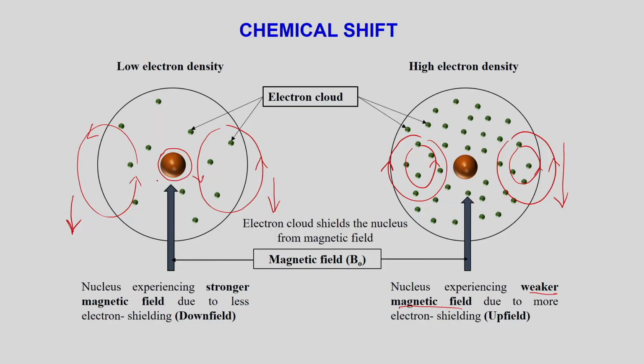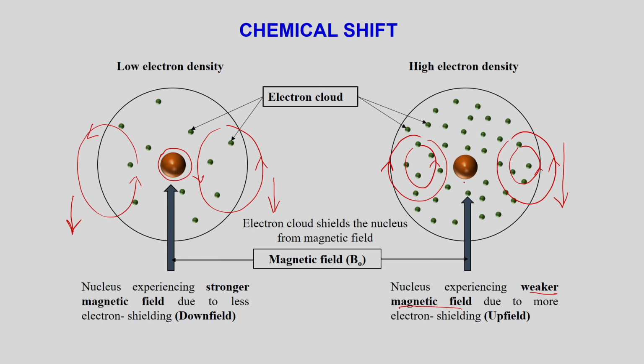So, what will it do? It will take up the electron cloud from the hydrogen towards itself. If the electron cloud is shifted from the hydrogen to the oxygen, you will have a lower electron cloud on the nucleus.